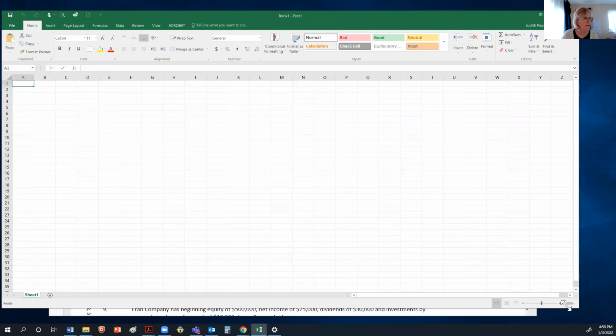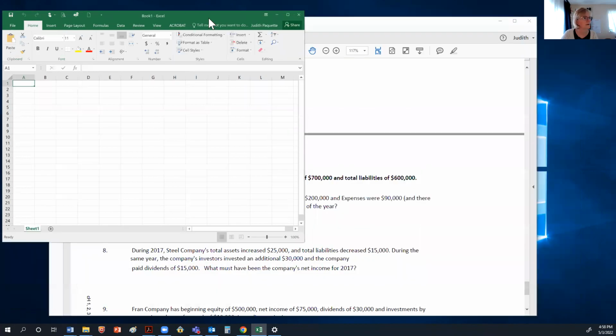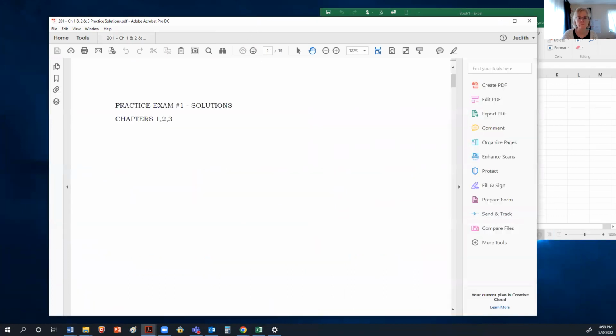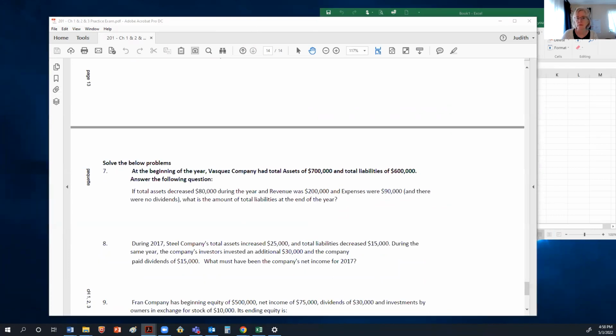So this is the way I do these problems. Okay. All right. Because I think I want to make sure I'm in alignment.